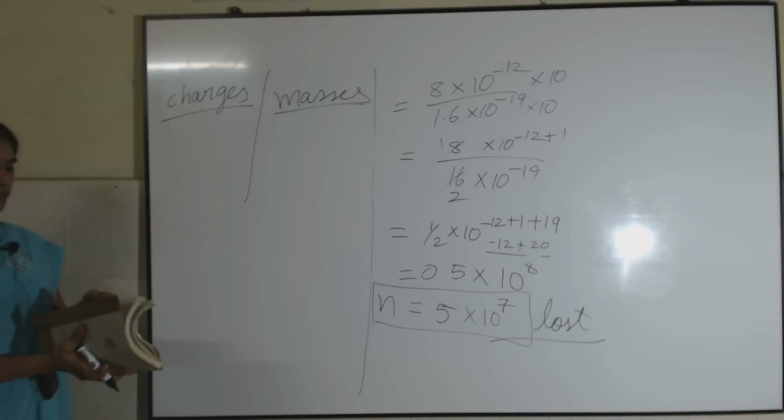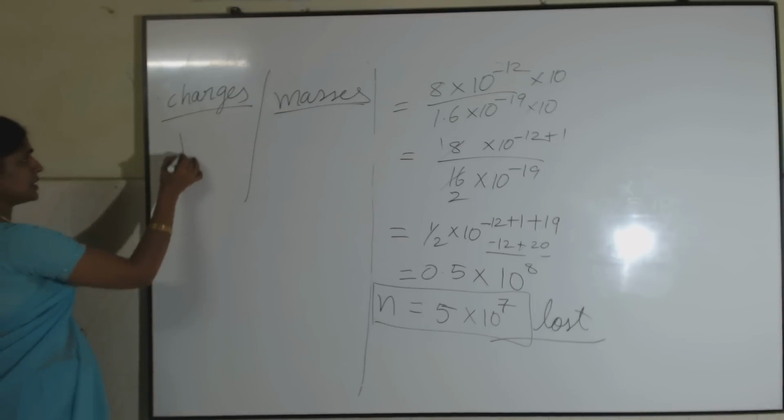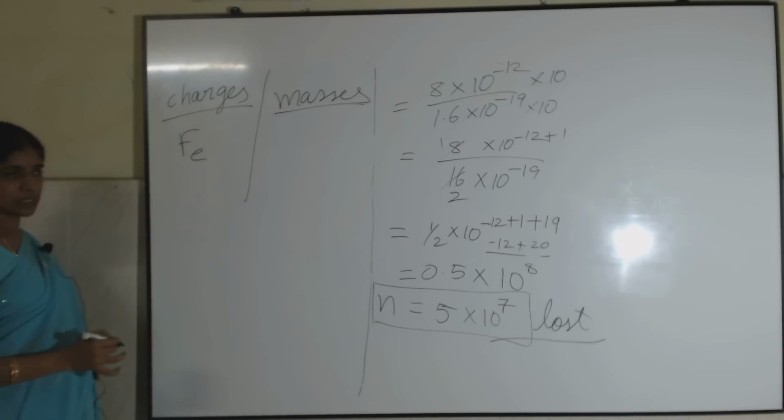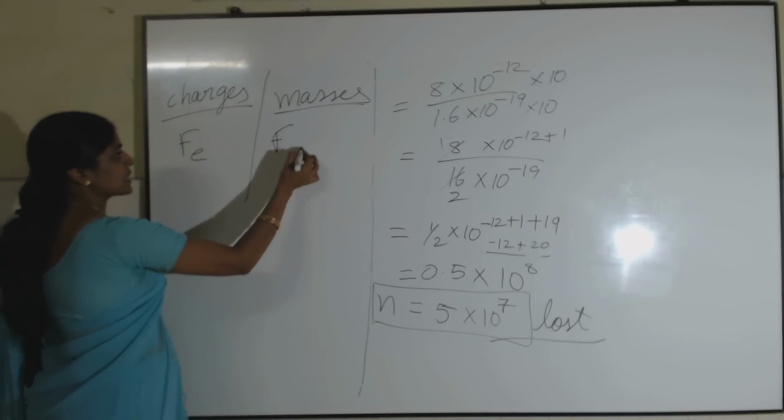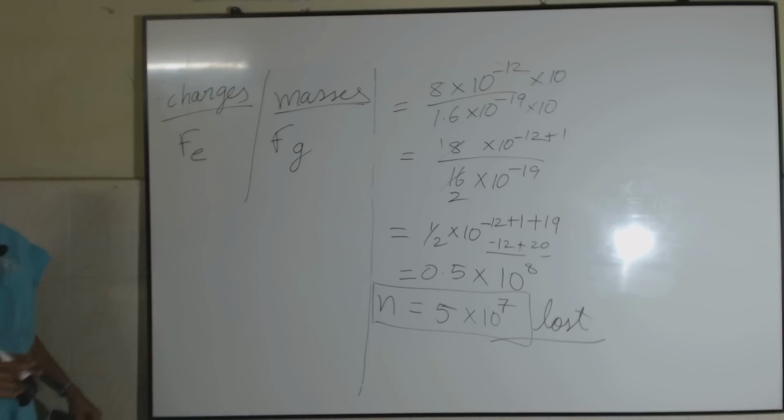So here is a question to find out whether the electrostatic force is greater or the gravitational force is greater. We will compare and find out which force is greater. Here is a question for that.